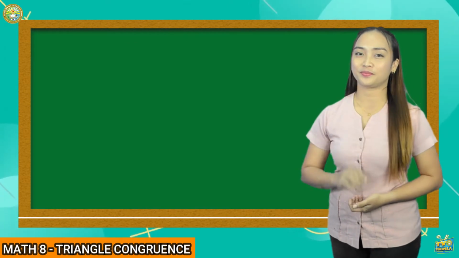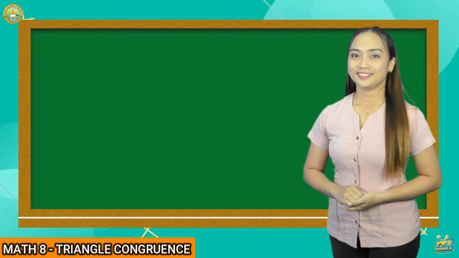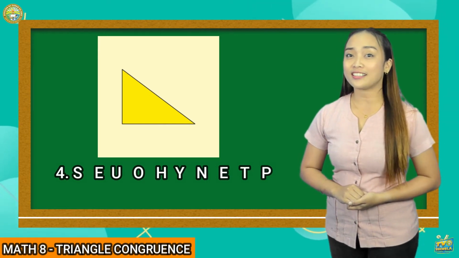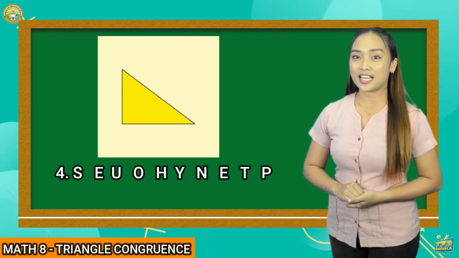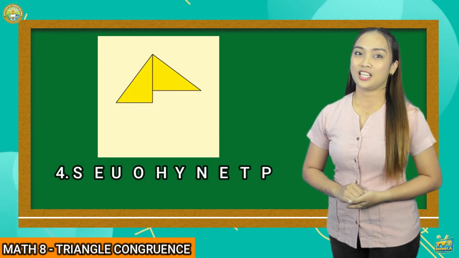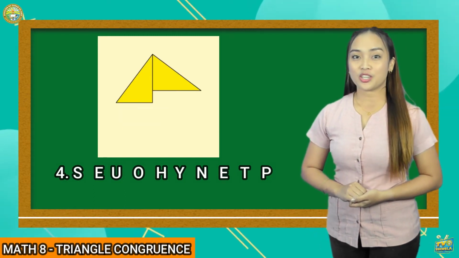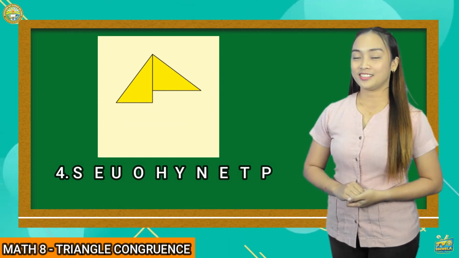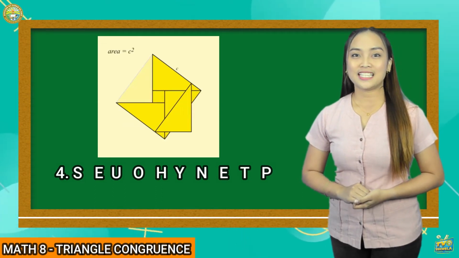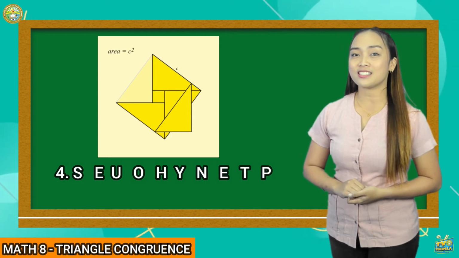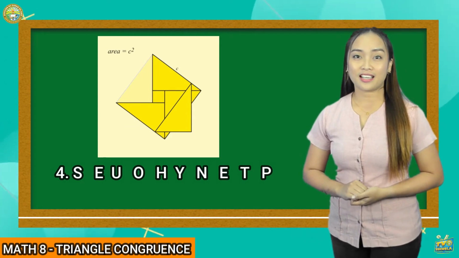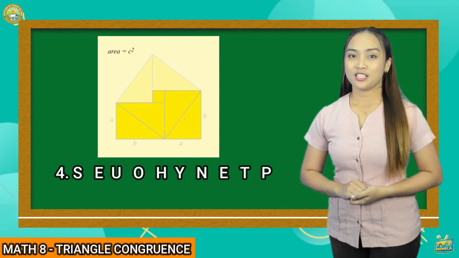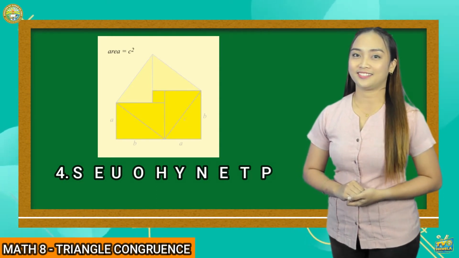Number 4. In geometry, it is the longest side of a right-angled triangle, the side opposite the right angle.